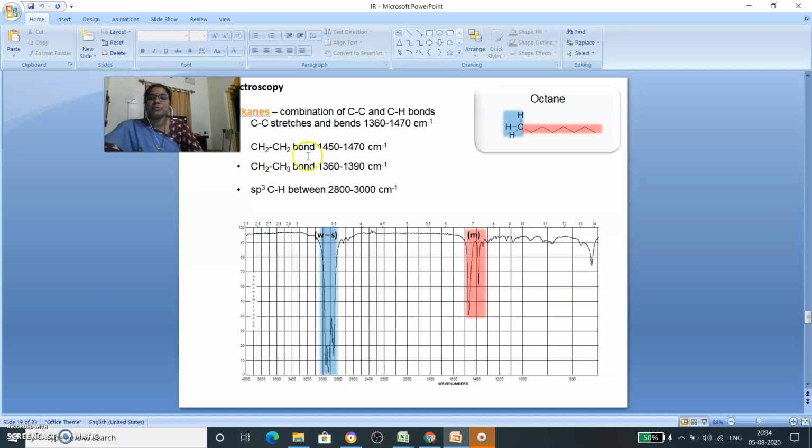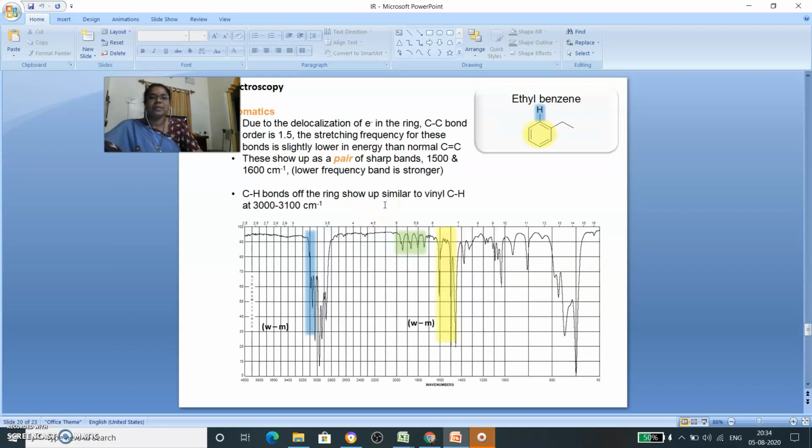So CH2 is 1450 to 1470 and CH3 is 1360 to 1390. All these carbons and hydrogens are sp3 hybridized, and this CH stretching is 2800 to 3000 centimeter inverse.